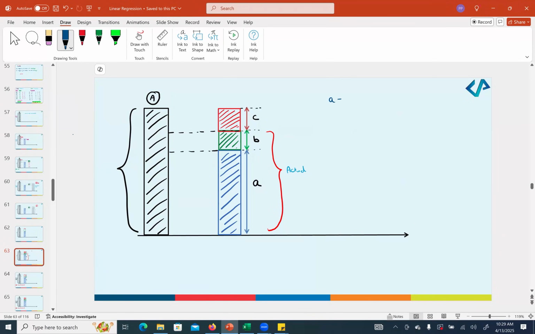A is the average height. B is the incremental height that we have predicted based on our variables. Incremental model improvement, I will just call it, based on input variables.